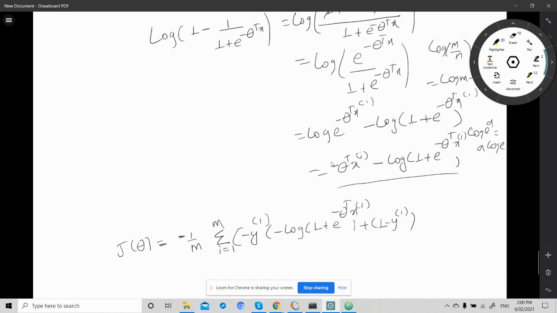So this will be again minus theta transpose of xi minus log of 1 plus e to the power minus theta transpose of xi.